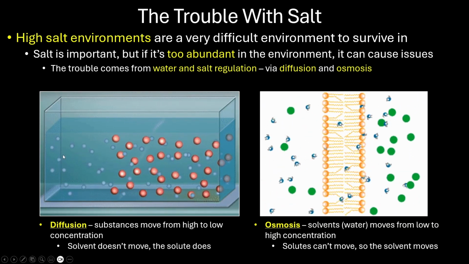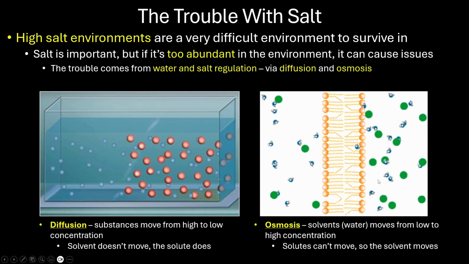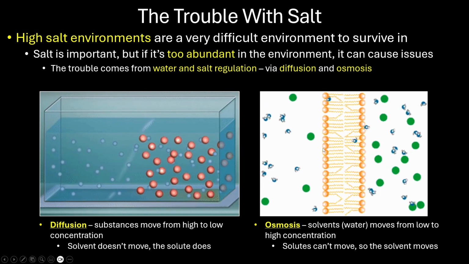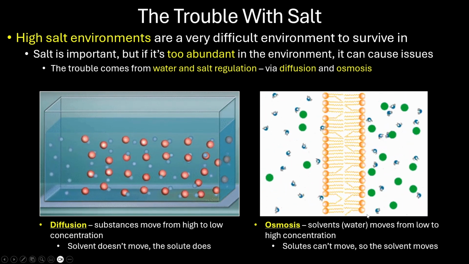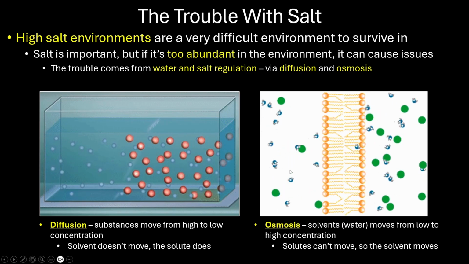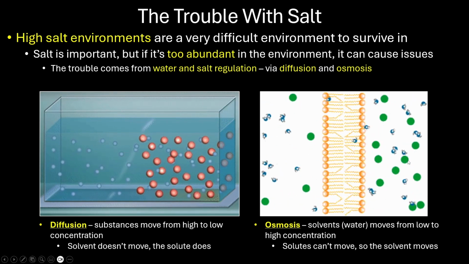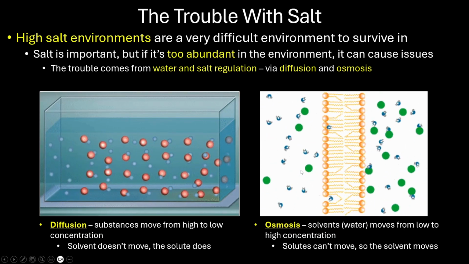But here's the challenge. Those ions are charged, and so they can't move across the membrane. The membrane is a barrier to them. And so, in order to equalize the concentration of salt on one side of the membrane versus the other, water will move and salt will stay in place.